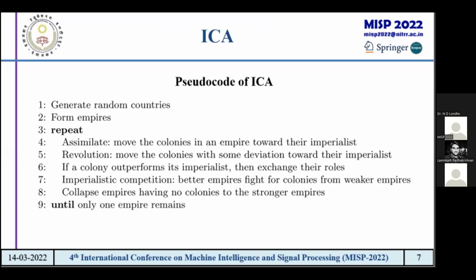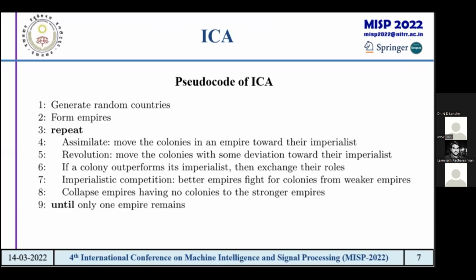In this work, a binary version of ICA is proposed and demonstrated to solve QKP. To understand the proposed algorithm, we should understand what ICA is. So here's a pseudocode of ICA. ICA is a population-based guided random search algorithm. Hence, in ICA, a population of countries is generated initially, each representing one solution in the solution space.